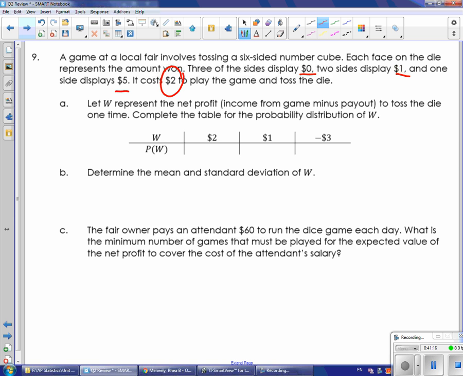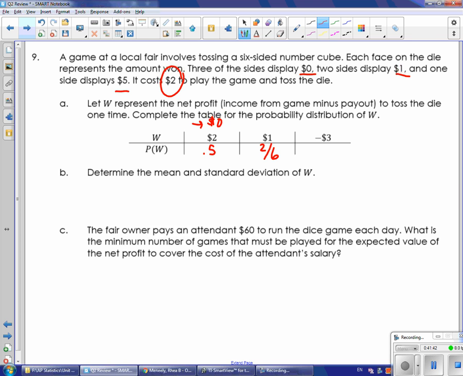So this winning of $2 corresponds to the $0 outcome on the die. And that can happen 3 out of 6 times, or 1/2, or 0.5. 2 sides display $1. Well, if I'm paying $2 to play, even if I have to pay out $1, my profit is still $1. And so this is going to occur 2 times out of 6.